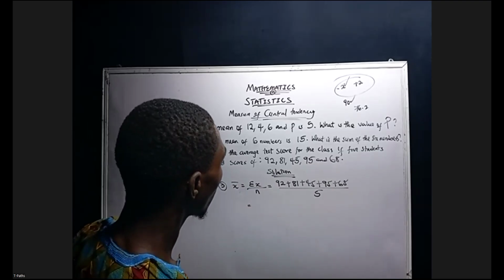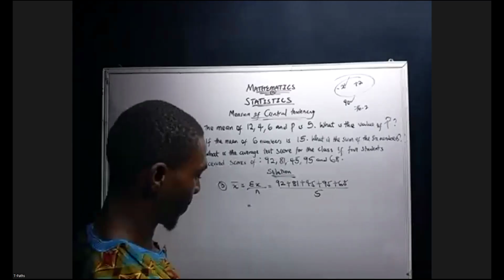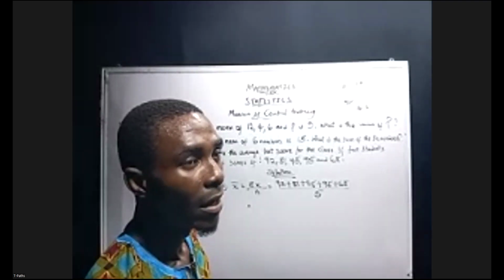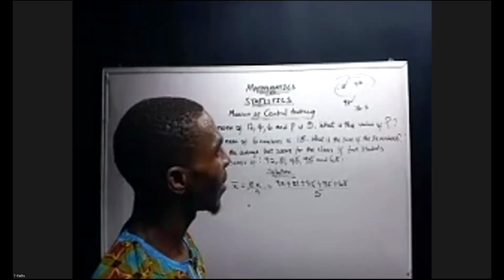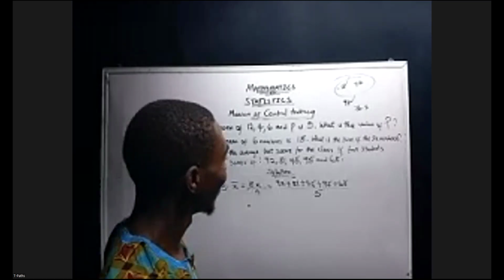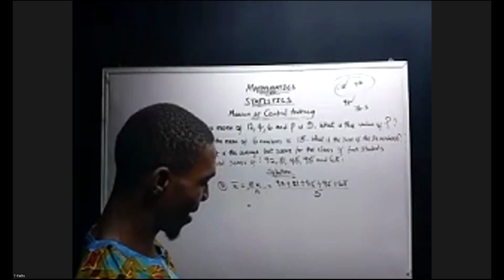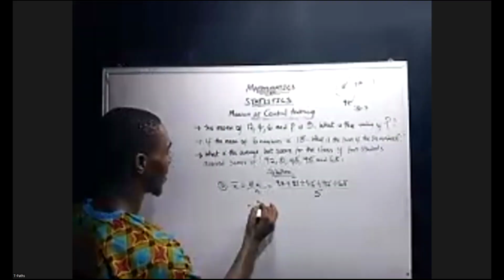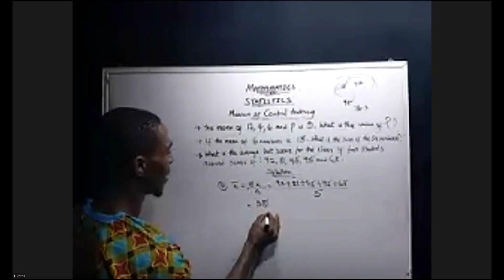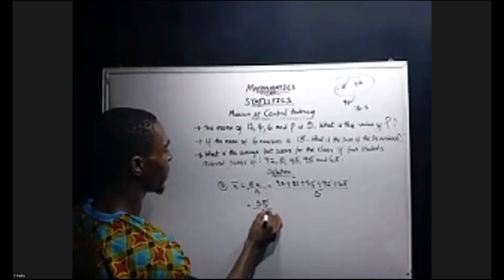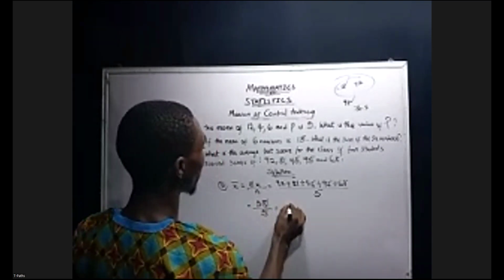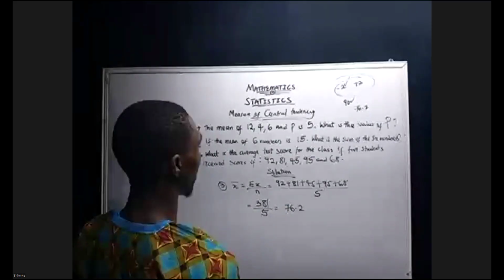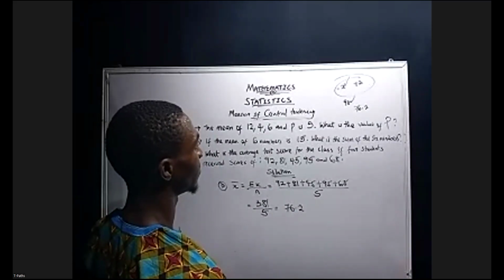Let me use my calculator this time. 381. Divided by 5. So you should have 76.2 there. Right? Yes, sir.